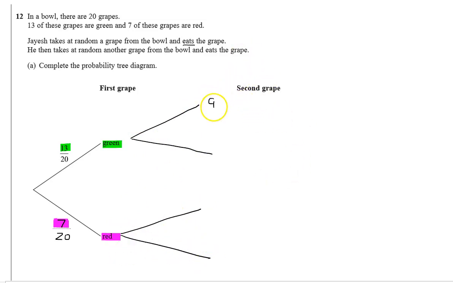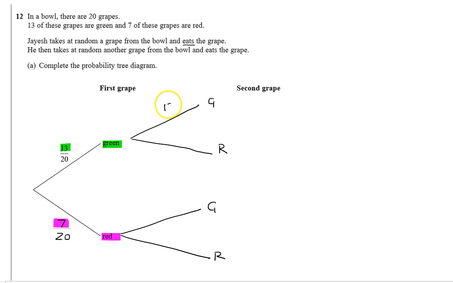So this one is green, red, green. There are only two possibilities, either he will take the green or he will take the red. Now first he has taken a green. So how many greens are remaining? There were 13, he has taken 1.